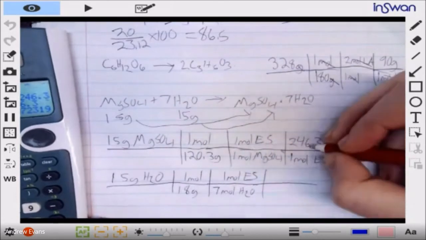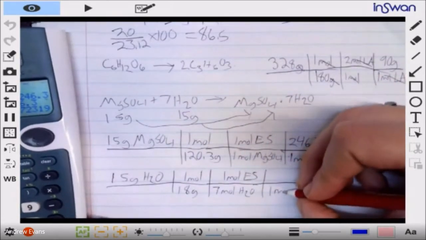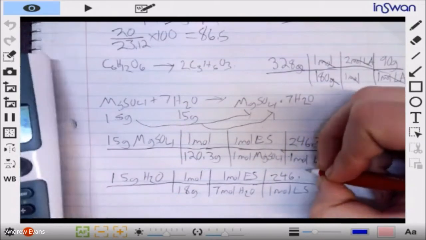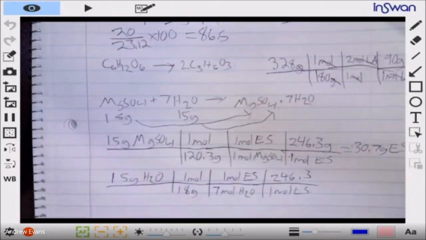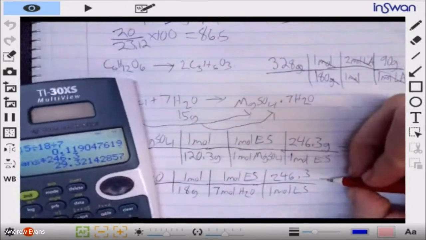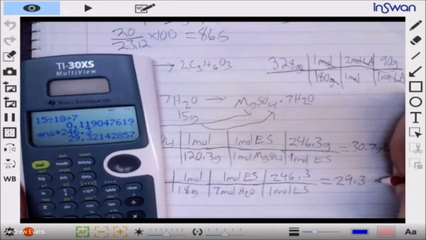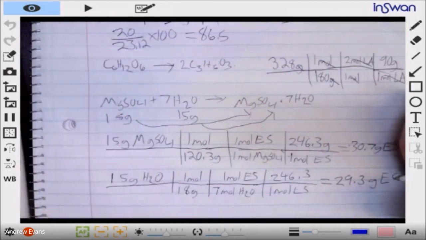And as I already calculated, 1 mole of Epsom salts weighs 246.3. So 15 divided by 18 divided by 7 times 246.3 gives us 29.3 grams of Epsom salts.